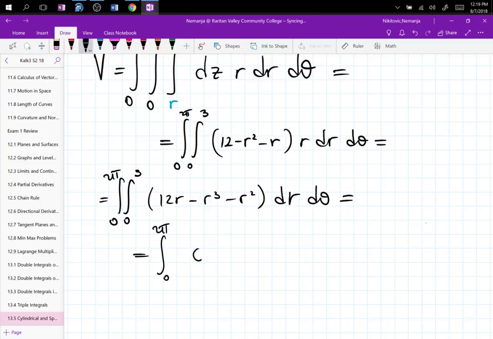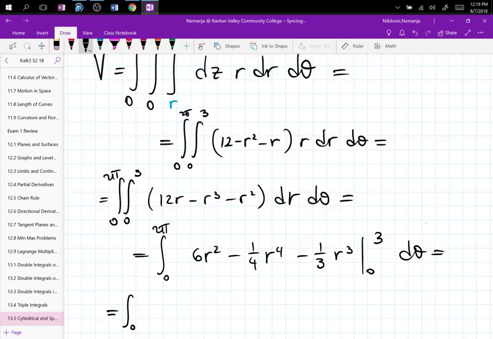This is going to be 6r squared minus 1/4 r to the 4th minus 1/3 r cubed from 0 to 3 d theta, 0 to 2 pi. Plug in 3. So that's 3 squared, 9 times 6, 54. Minus 3 to the 4th, that's 81 over 4. Minus 1/3 times 3 cubed, the 3 dies, so this is just 9. 0 kills it all.